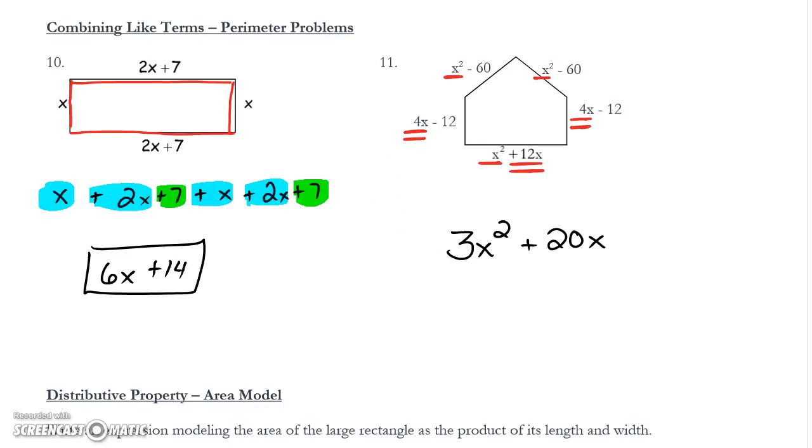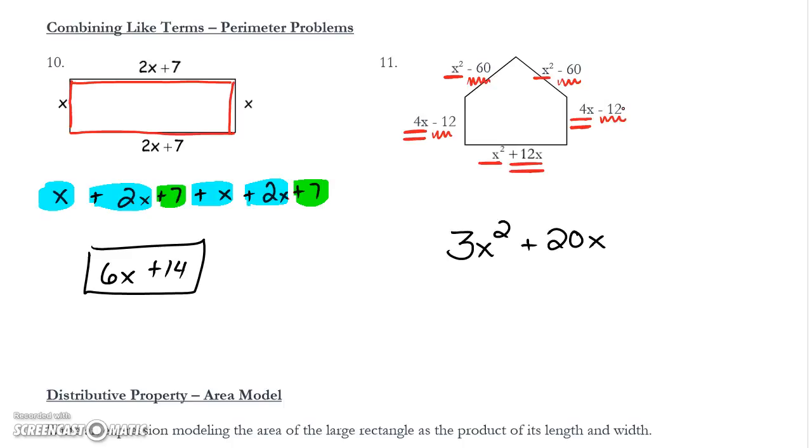Last, I have my constant terms. Again, maybe I'll use a squiggle, something a little different to mark my constant terms. Now I know that I've used them all. I have a negative 60 and a negative 60. If I want to use my calculator alongside, I can do that. I type in negative 60 plus negative 60 plus negative 12 plus negative 12.